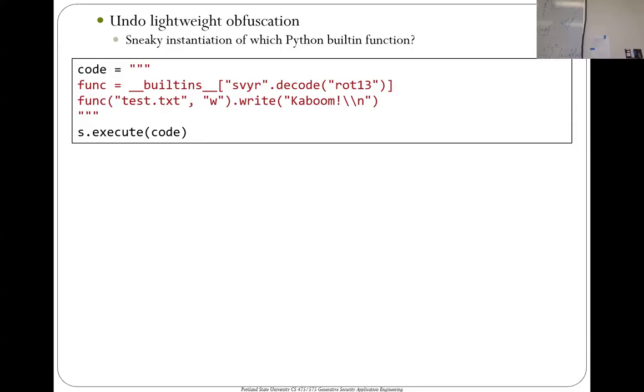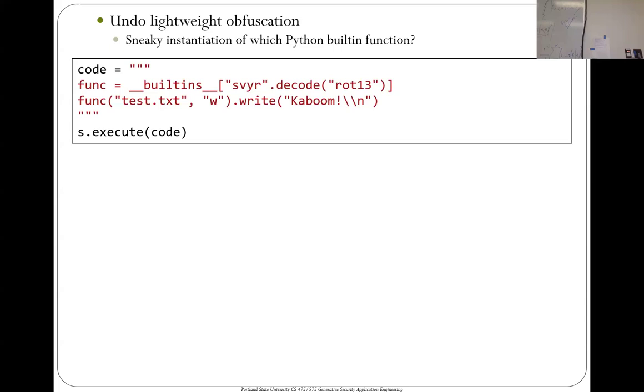Built-ins is sort of an array in which all of the Python built-in commands are indexed. But you don't want to say which function you actually want. You give it some garbled thing, and you rotate 13 these characters, so the LLM can't say that I'm using that function call.